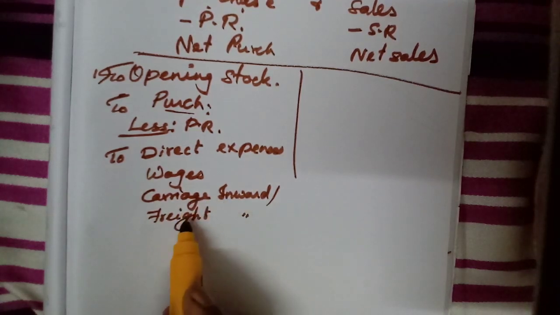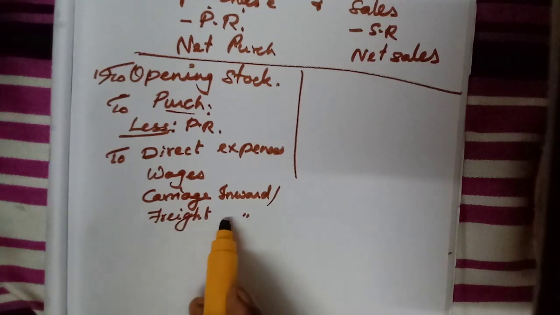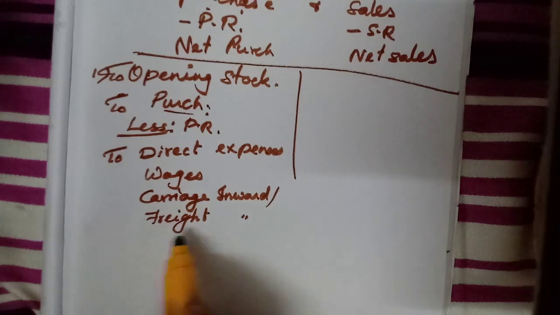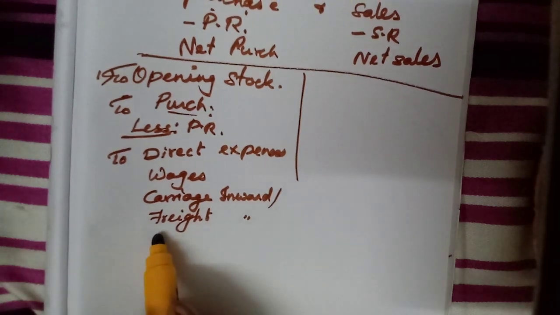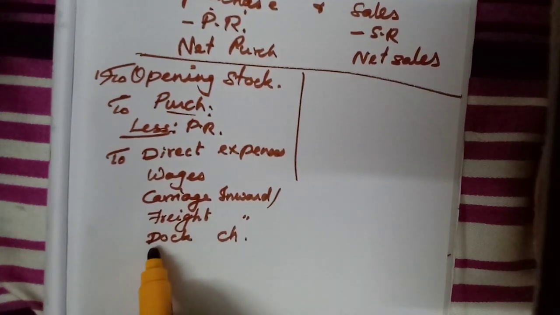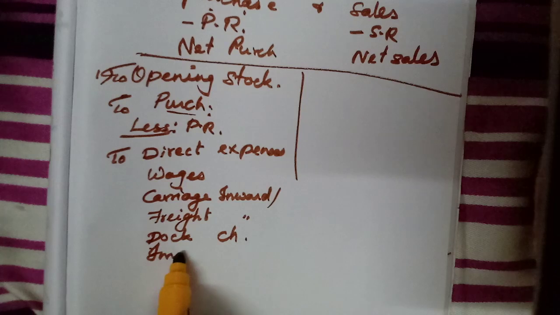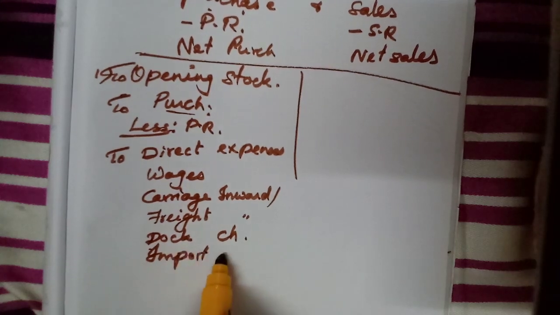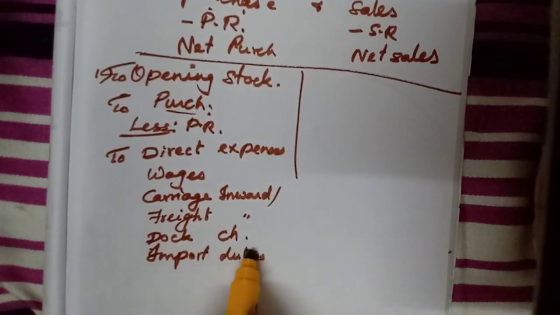But if we bring the goods in the train, that is called freight. Then if the goods are imported from foreign countries, some other charges, that is dock charges. Then import duty, or the duty that we give for importing those goods.